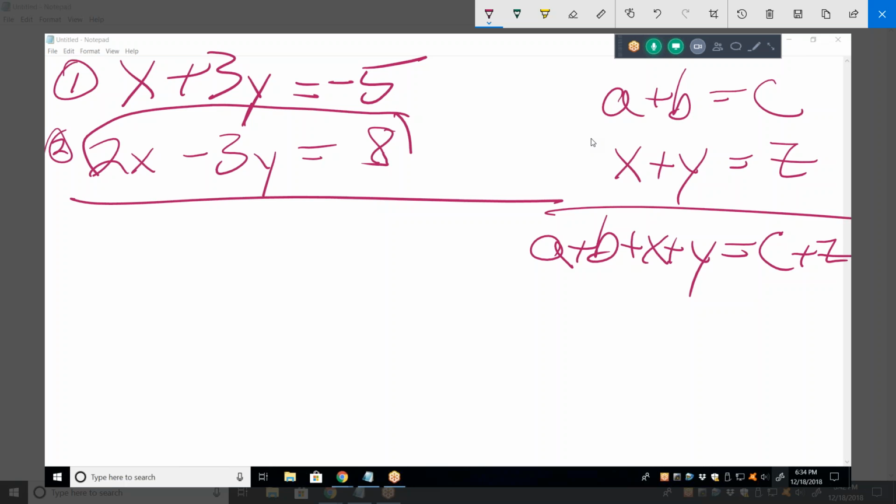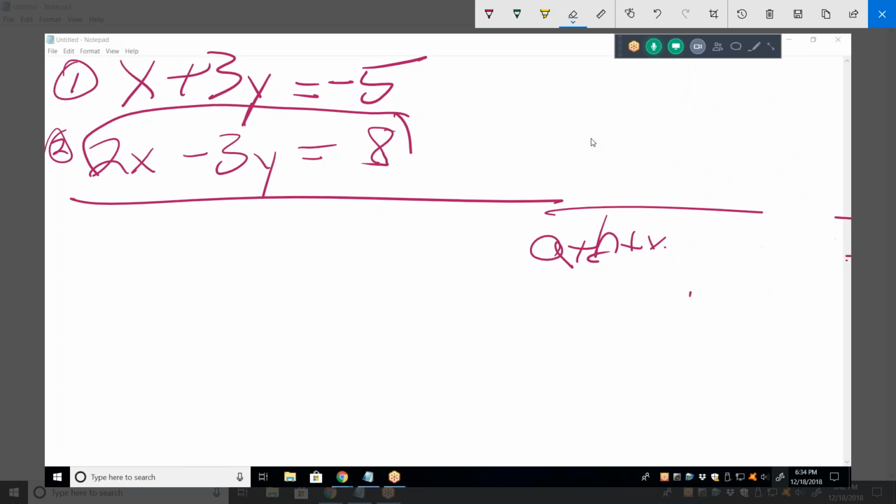You can also subtract. That's the key of elimination, is the fact that you can add or subtract any two equations. Any two. As long as they're part of a system. In other words, as long as this x is the same as that x, and this y is the same as that y. So add them. See what happens. Good things happen.